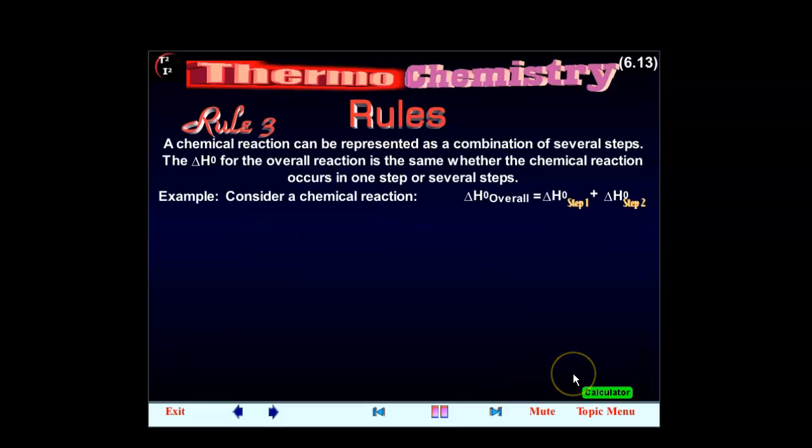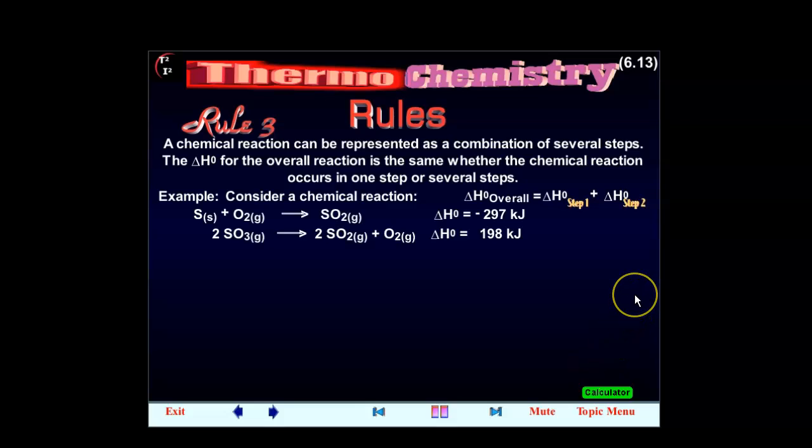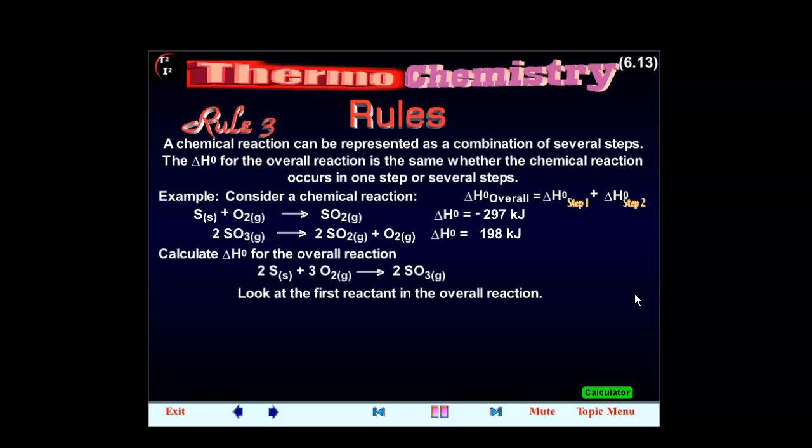Example: consider a chemical reaction. Calculate delta H for the overall reaction. Look at the first reactant in the overall reaction. Look for the same chemical in the steps. In step 1, sulfur is a reactant as it is in the overall reaction.